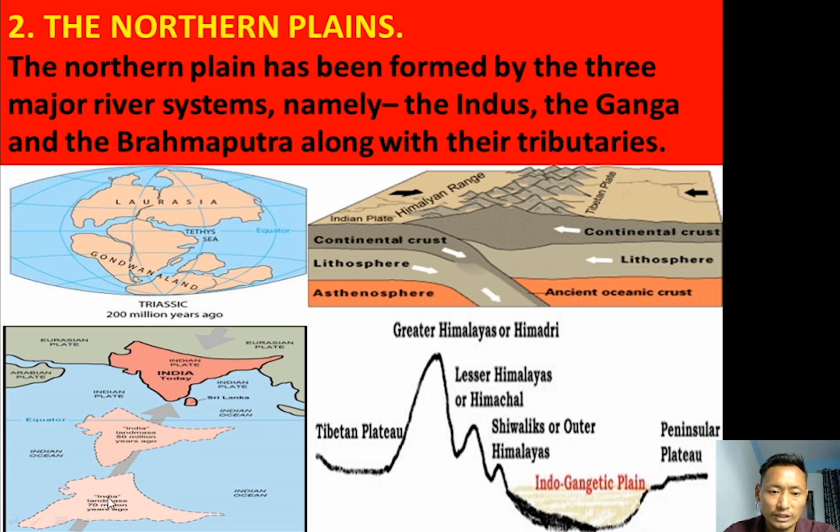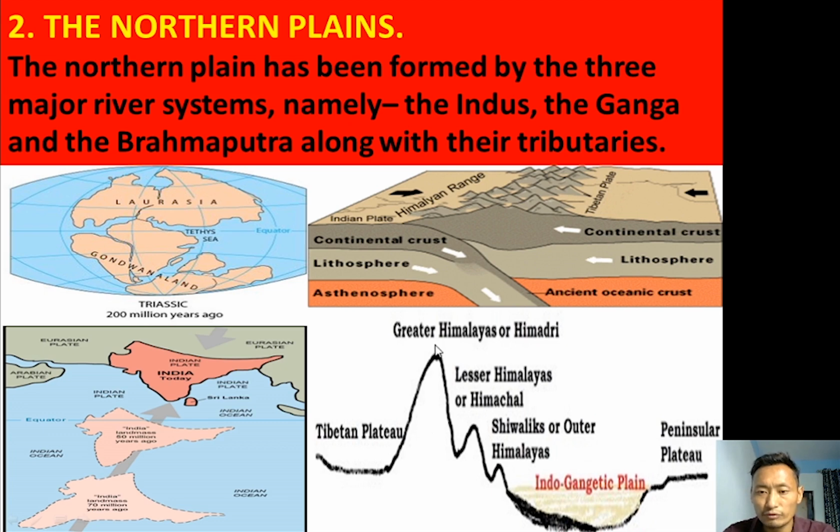After that, the Indian plate moved further northwards towards the Eurasian plate. Then the Eurasian plate and the Indian plate collided with one another. After the collision between these two plates, the Himalayan mountains were formed.